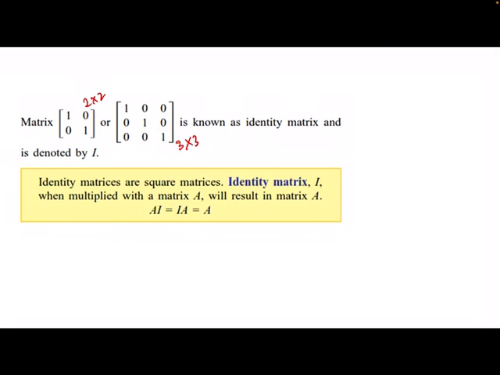The identity matrix, denoted by capital I, when multiplied with a matrix A will result in matrix A. So when we multiply a matrix with an identity, or an identity with any matrix, the result will be that matrix again.